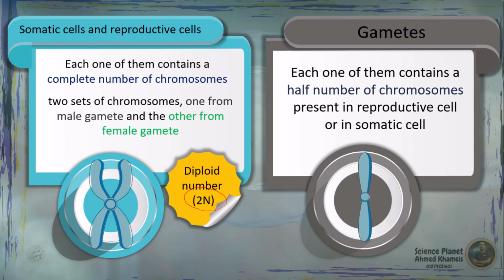So when the gametes form, they get one copy of the genetic material from one parent. And so each of the gametes has half the number of chromosomes, and we call this haploid, 1n, or half genetic material.